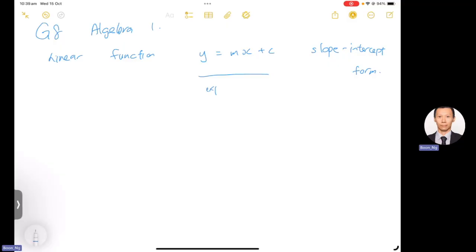The exponent of x, in this case, is 1. If you have forgotten, exponents means the superscript here. So the exponent here is 1, and in this case it is also 1.